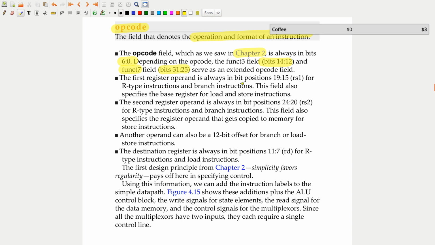So the first register operand is always in bit positions 19 to 15. So it's always going to be these 5 bits. Remember, it's 5 bits because we need to address 32 different registers in the RISC-V ISA.